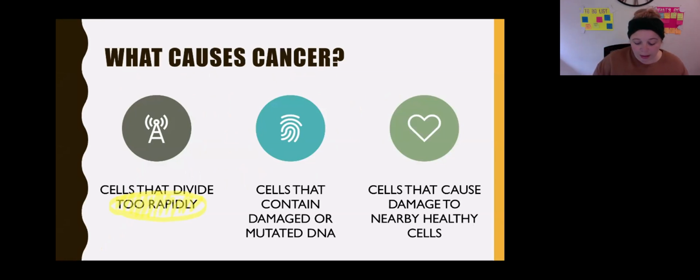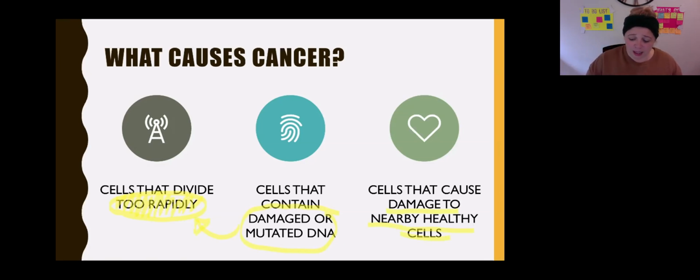They could be cells that contain damaged or mutated DNA, and these all contribute to cells dividing more rapidly. The other thing is they could be cells that cause damage to nearby healthy cells. By growing bigger and not dying, they can end up damaging nearby healthy cells.